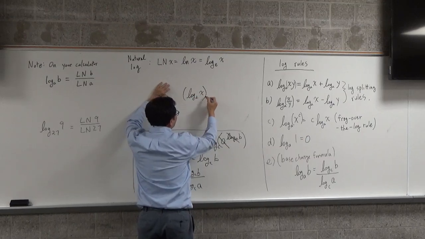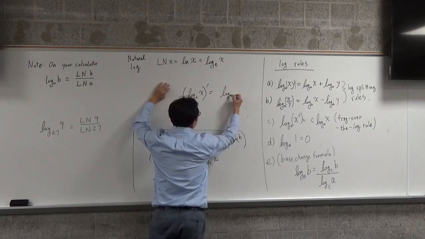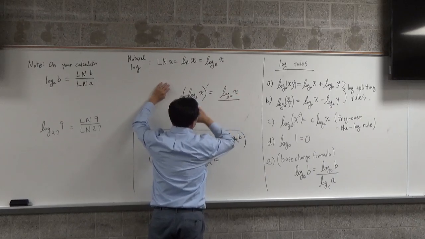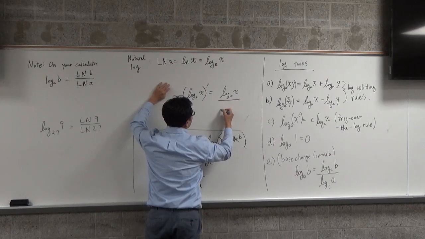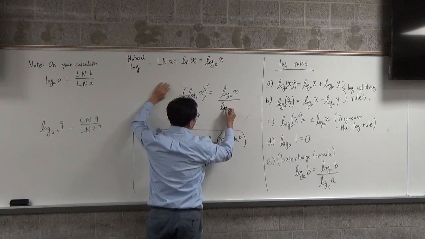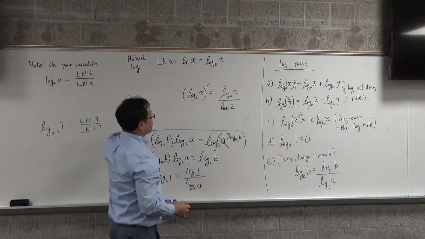Log base 2 of x would be ln of x over ln of 2, something like this.